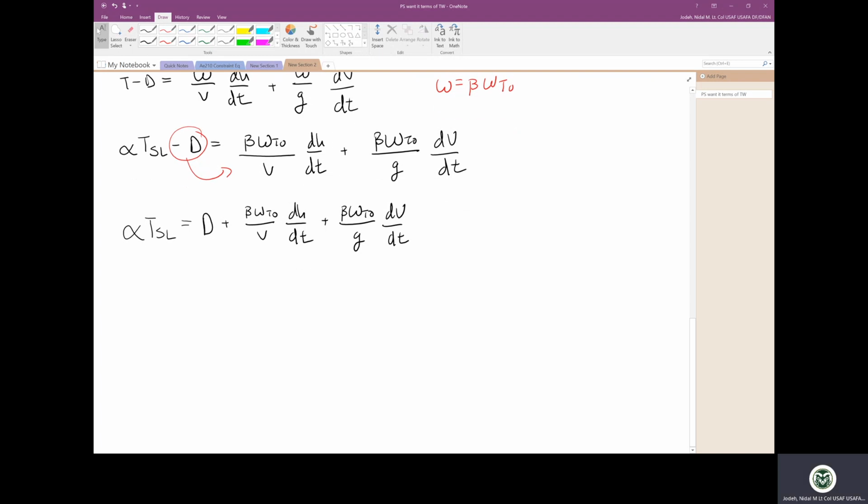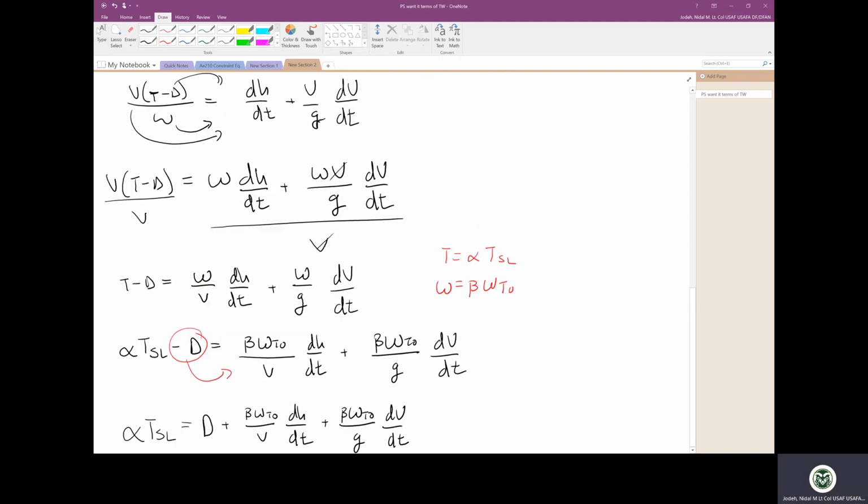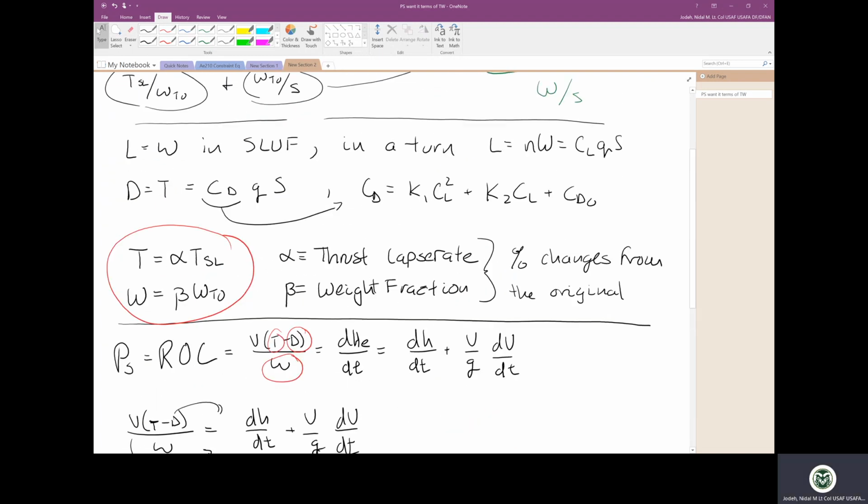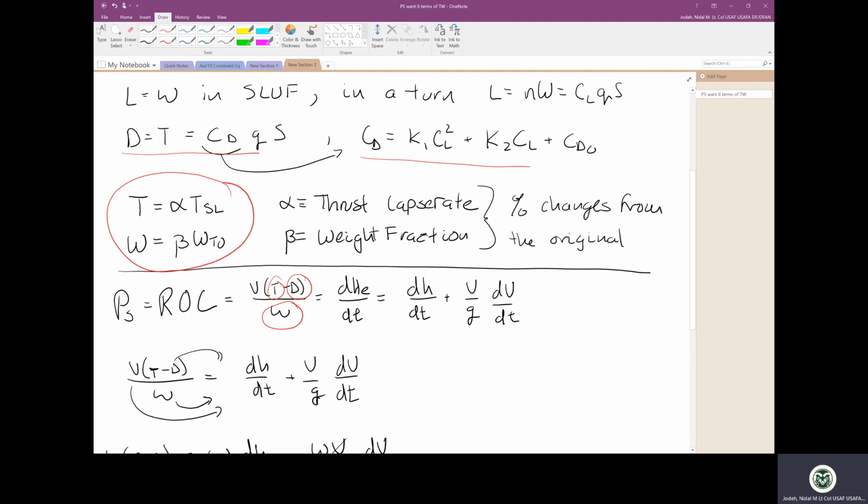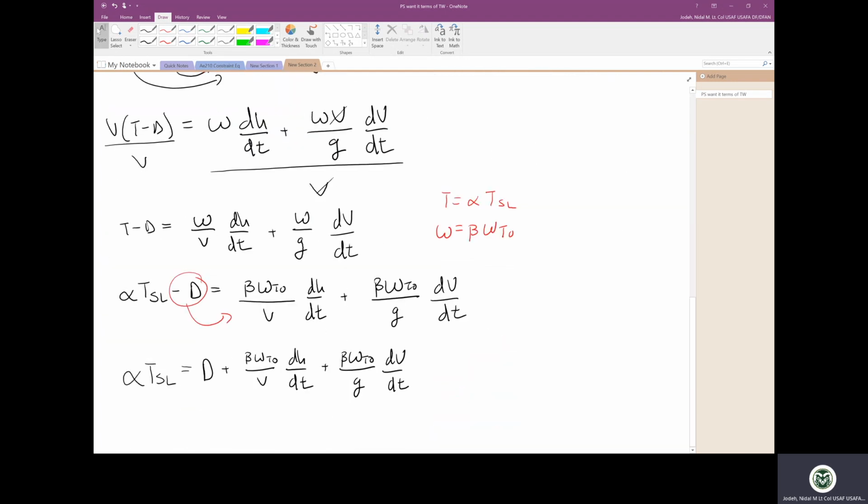And do you recall what we had for drag up here? We had drag and the drag polar. We're going to substitute those in now too.